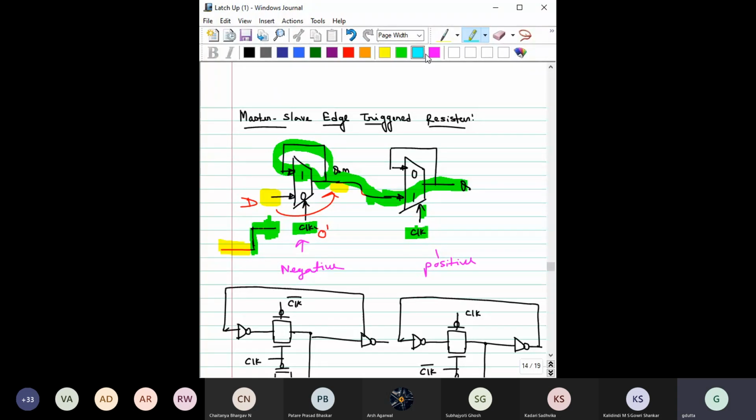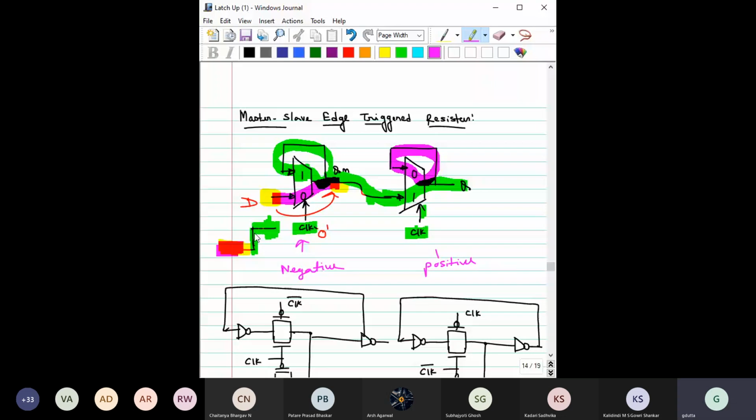When this clock was 0, this was getting transferred to here, right? But here this clock was also 0, but it was in the hold state. So whatever was the previous value, this continues to hold at this Q earlier, right? So no data will be transferred before this positive edge. Is that clear to you?